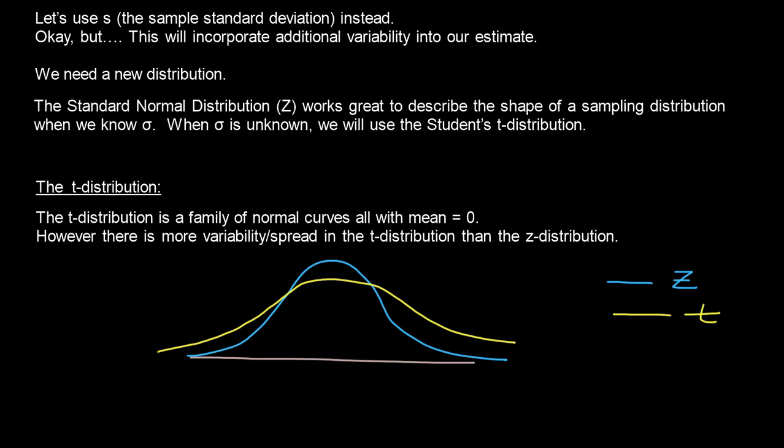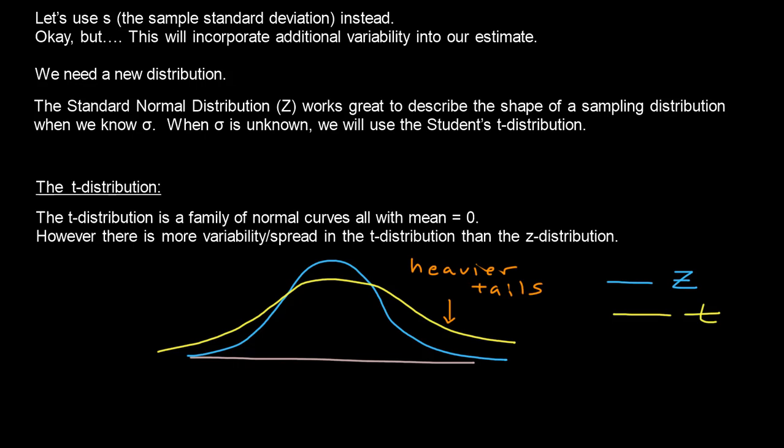So the t-distributions have what we call heavier tails or fatter tails than your classic Z distribution.